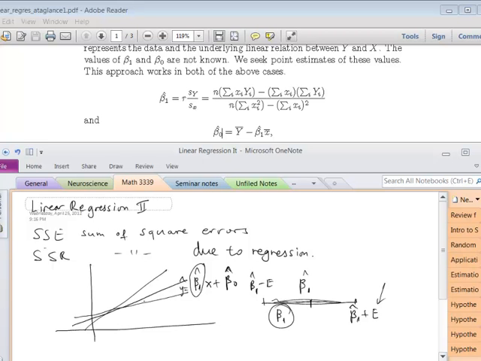Of course, as the slope changes, things actually change. This point here is the x bar, y hat.